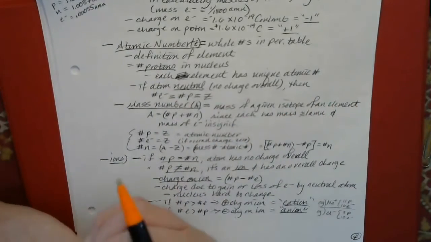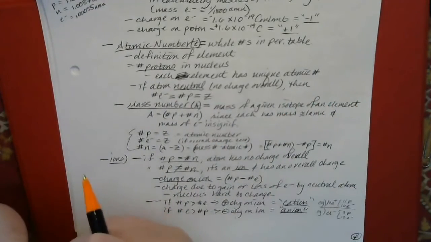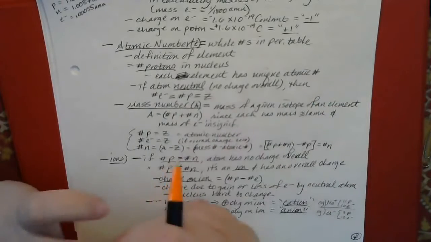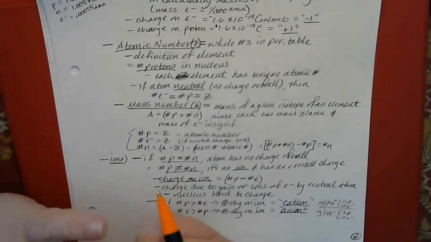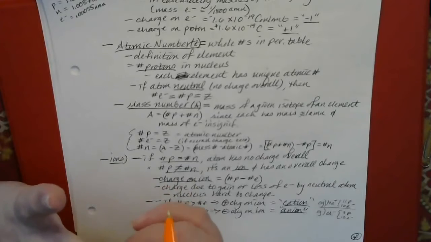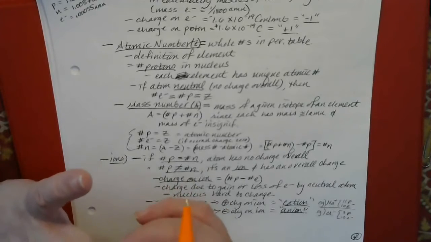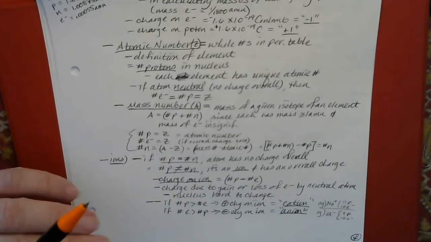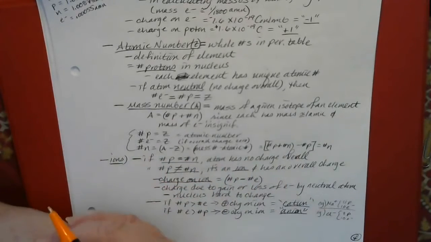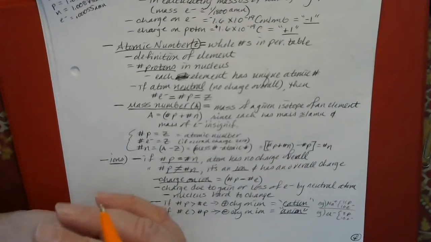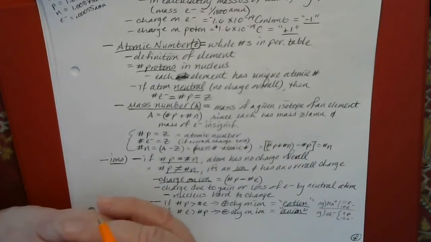But if they have the same number of protons, they're the same element. And on the other hand, if they have different numbers of protons, and therefore different atomic numbers, they are different elements, even if they have the same number of neutrons or electrons. And it is possible to find atoms of different elements that will have the same number of electrons or the same number of neutrons, but if they have different numbers of protons, they are different elements.